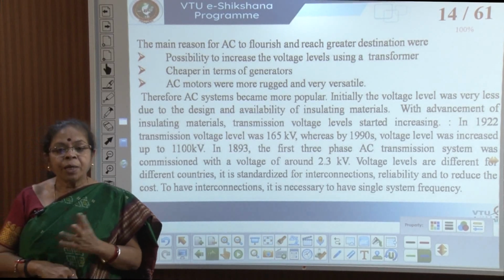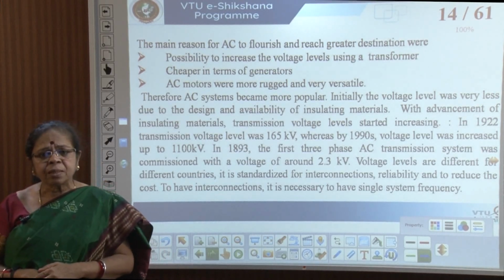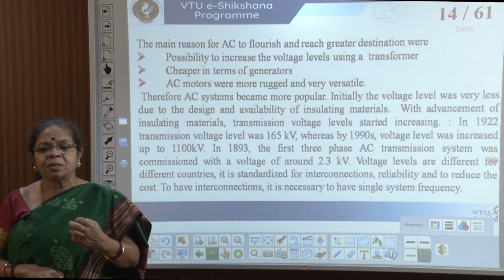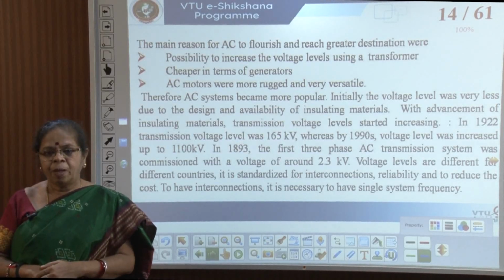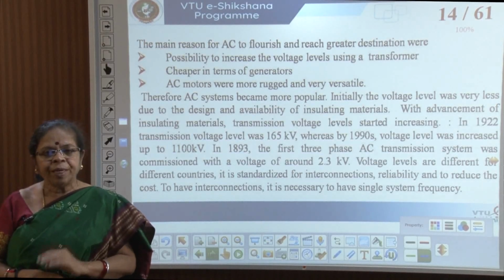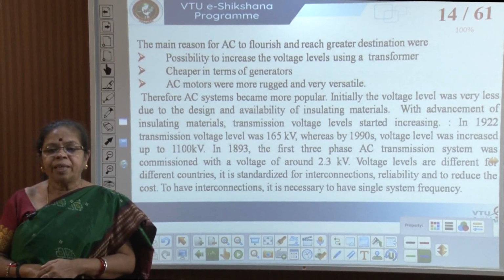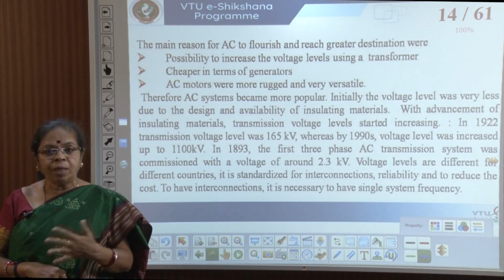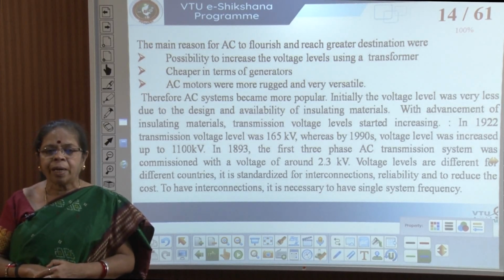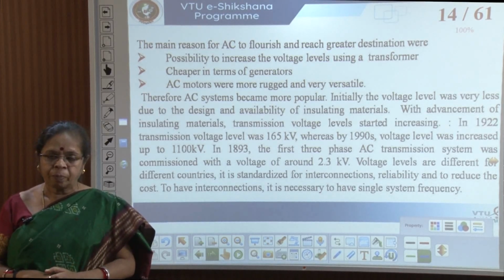Okay? So, with advancement of insulating materials, transmission voltage levels started increasing. So, in 1922, it had reached a level of around 165 kilovolts, whereas in the 1990s, it was around 1100 kV, and today people are experimenting with higher voltages.